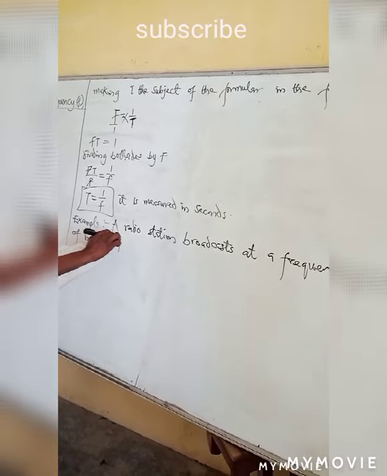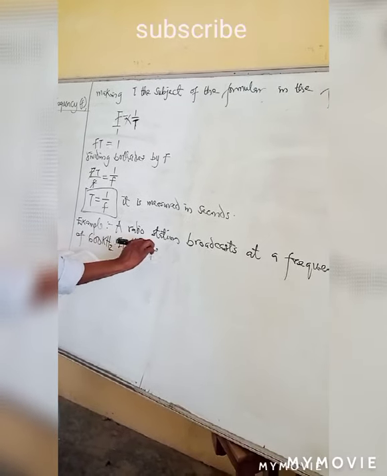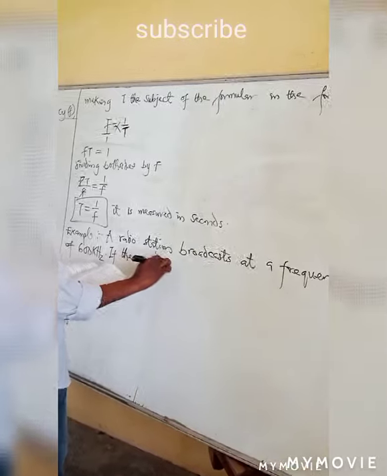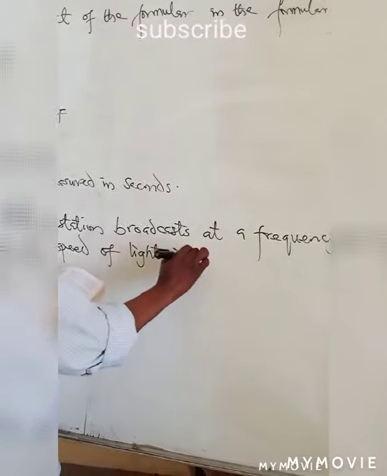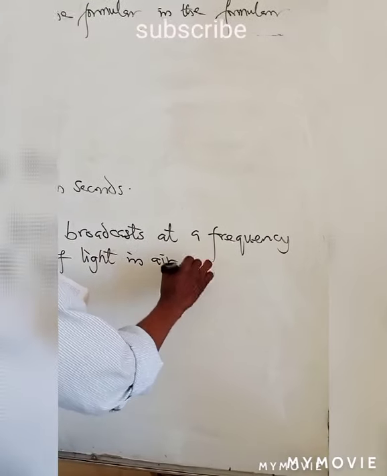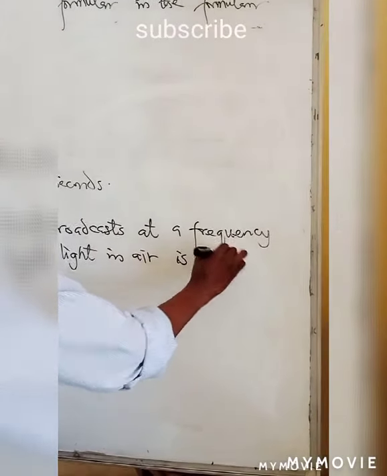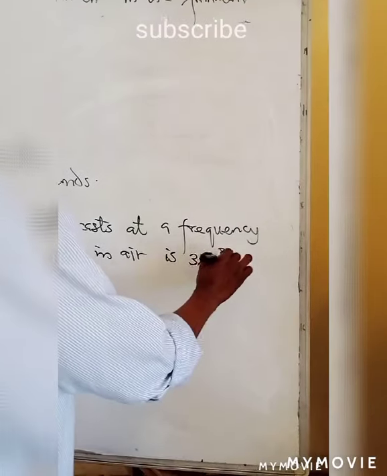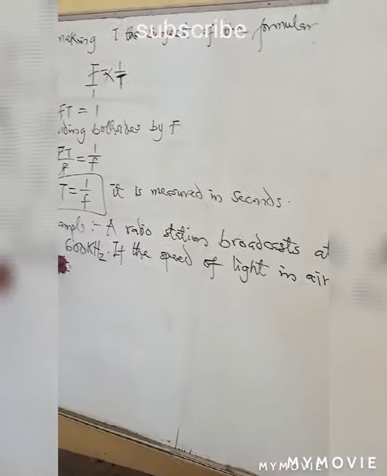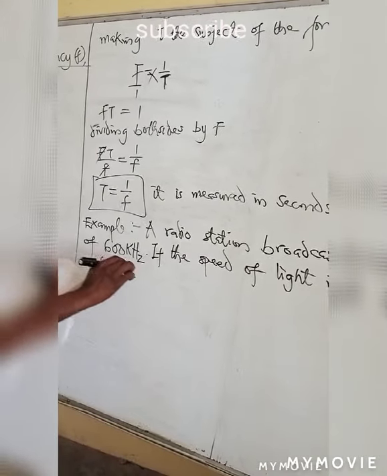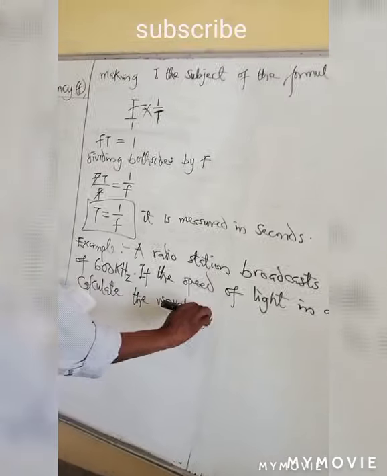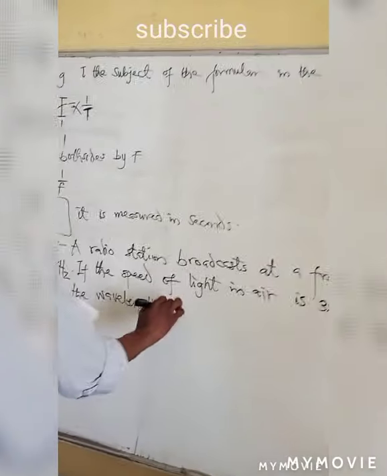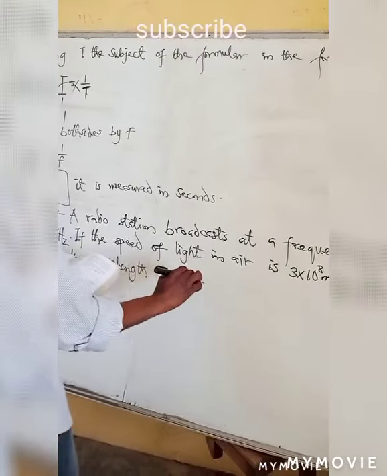If the speed of light in air is 3 times 10 raised to power 8 meters per second, calculate the wavelength of the radio wave.